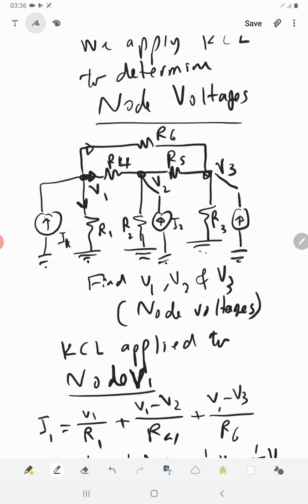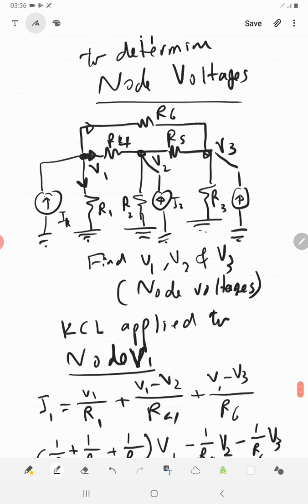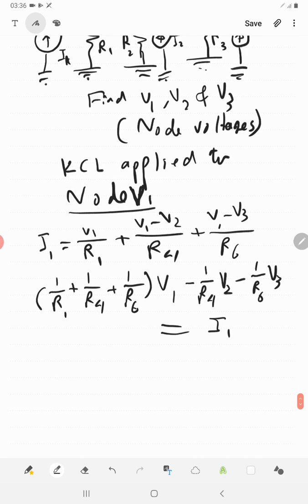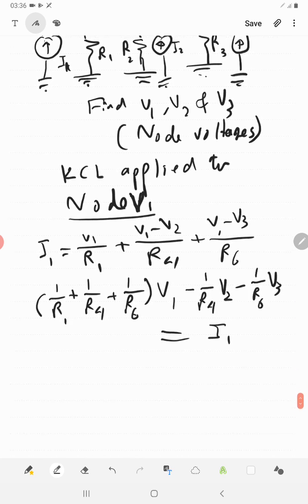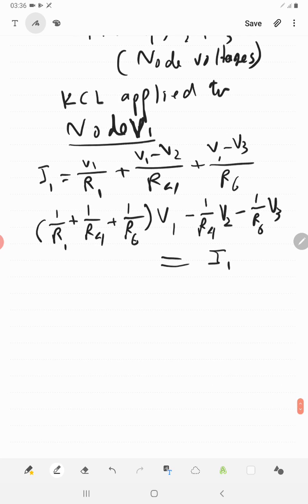Then minus the resistor connected between V1 and V2 times V2, minus the resistor connected between V1 and V3, which is R6, times V3, equal to the sum of currents injected into the node, which is I1. Okay, we can apply this to node V2.